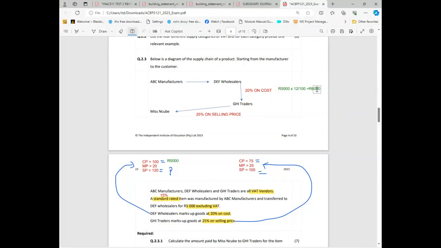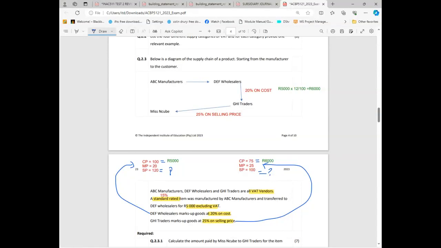So this 6,000 is their cost. Does it make sense now? Remember what we're looking for? We're looking for the selling price, so we're looking for this one.